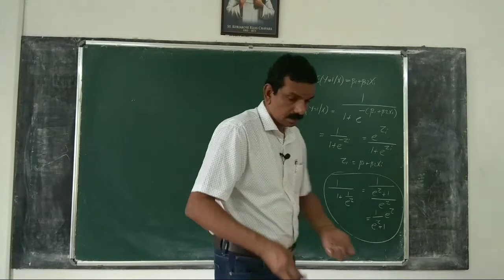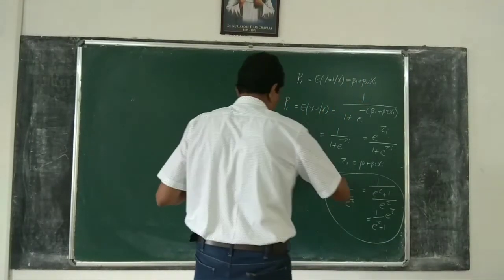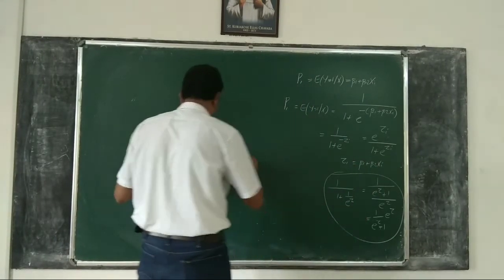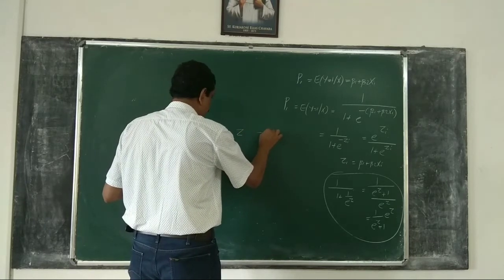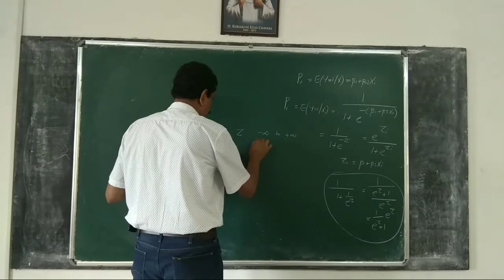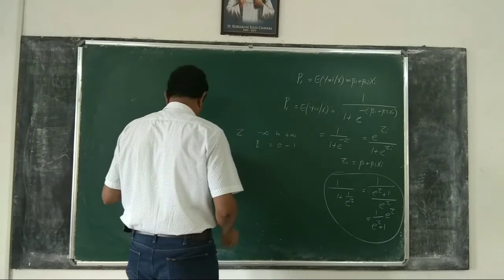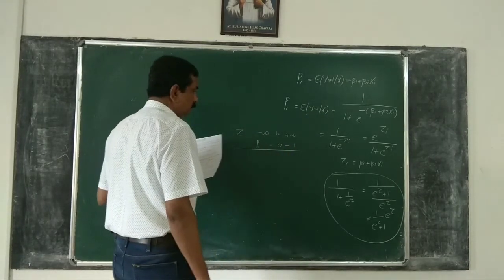Let me consider this more clearly. Z is equal to beta 1 plus beta 2 xi. As z ranges from minus infinity to plus infinity, Pi ranges between 0 and 1.